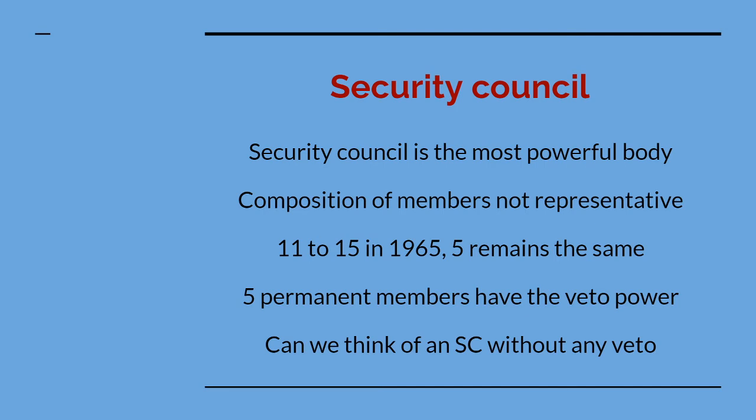So it is of no use removing the veto power from them. The number of countries having veto power may be and should be increased from 5 to more. Discussions for reforms have been taking place.